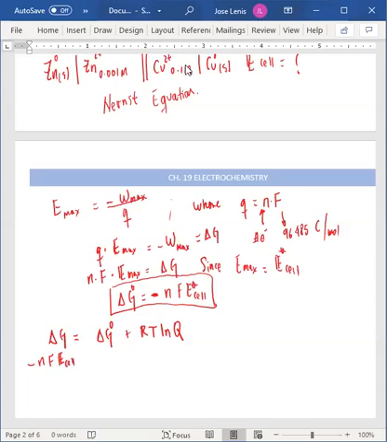That's why I'm not putting the symbol here for standard. It equals delta G standard, which is negative NF E standard of the cell, plus RT natural log of Q.